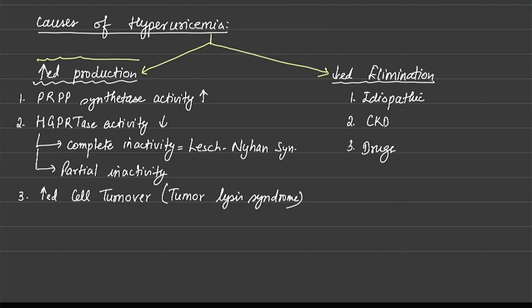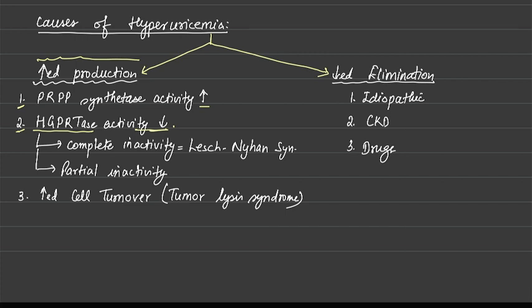We know that PRPP synthetase and HGPRTase, these two enzymes, are involved in purine metabolism. If we study the purine metabolism pathway in total, you will understand that if PRPP synthetase activity increases or HGPRTase activity decreases, it will cause hyperuricemia.